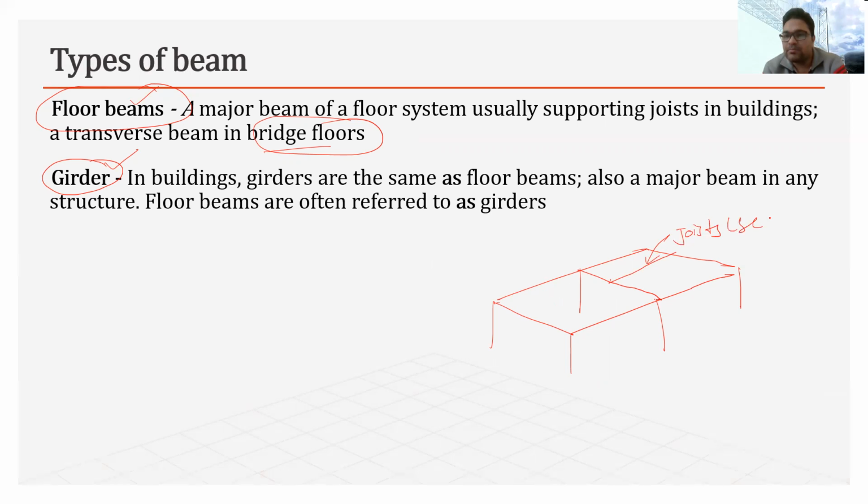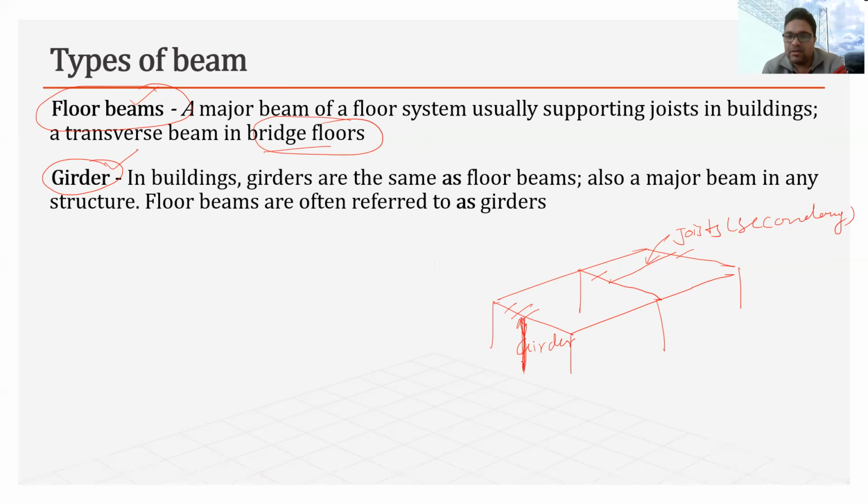Generally, these main beams which are supported on the columns are called floor beams, or sometimes girders. Basically, when they are carrying a very heavy load, we call it a girder.